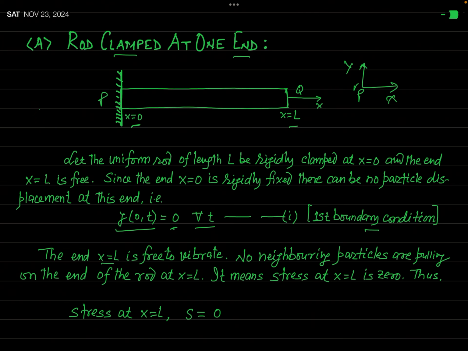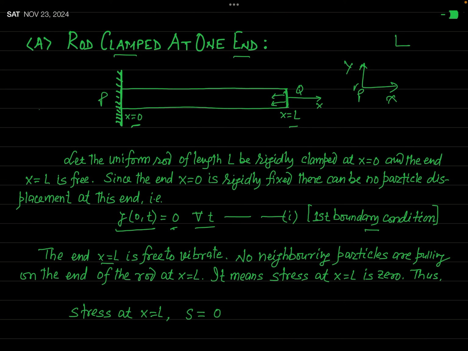Because the particles at section Q are not pulled by particles on the right side of Q, because there is no material on the right side of Q. The particles on the left side will exert a force on it, but there are no particles on the right side of Q that will exert a force on it.